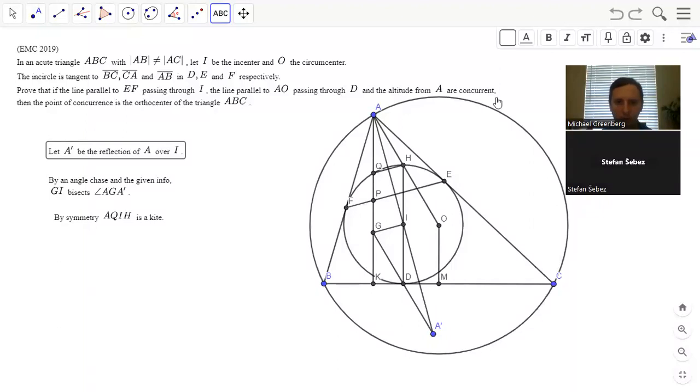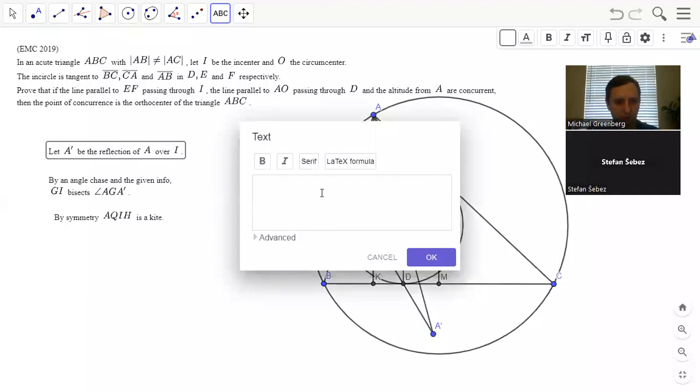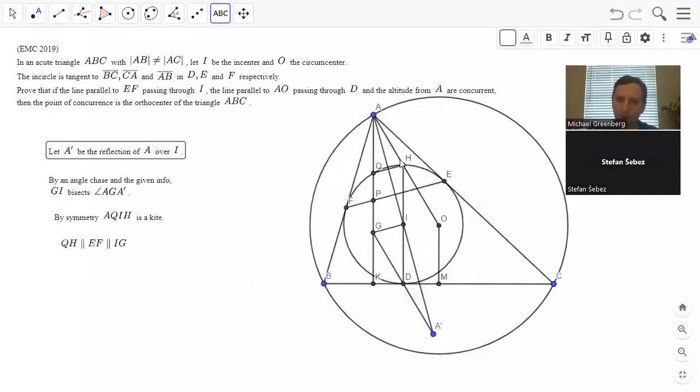Okay. So AQIH is a kite, and QHIG is a parallelogram. So we have a parallelogram and a kite.